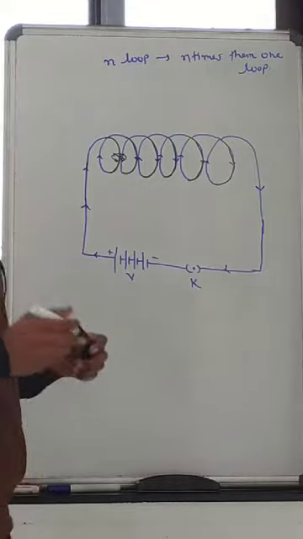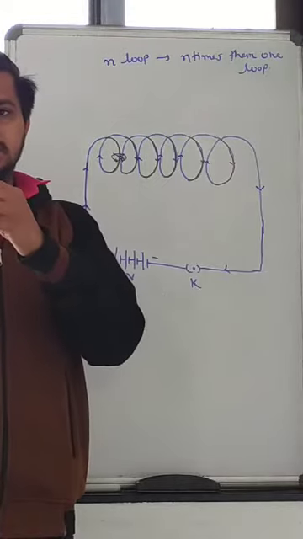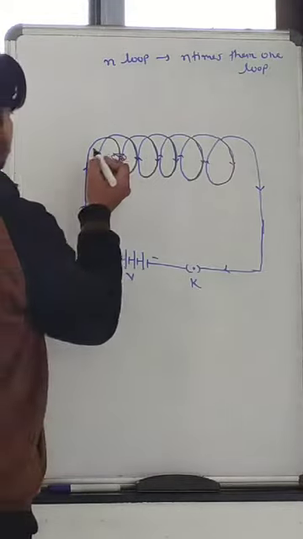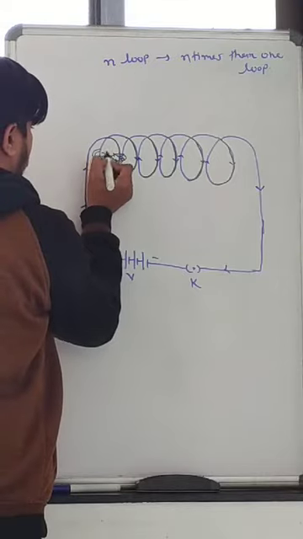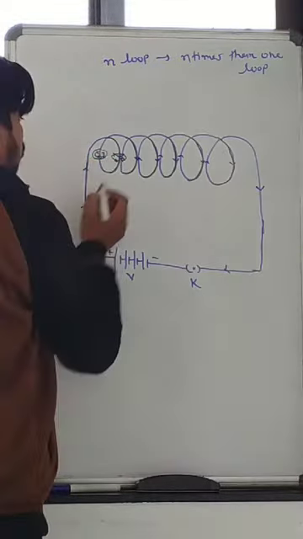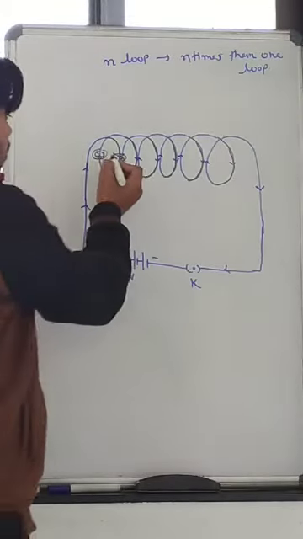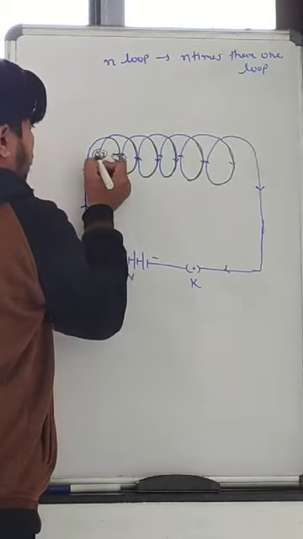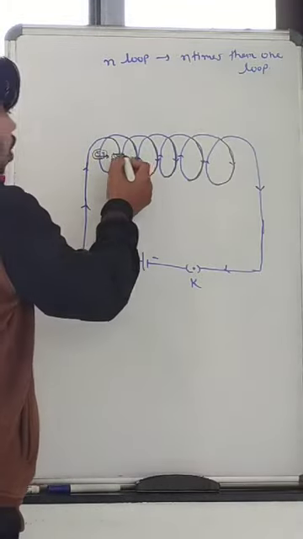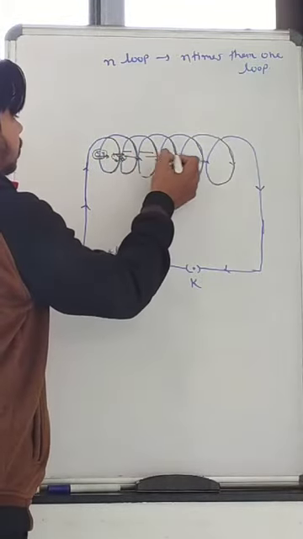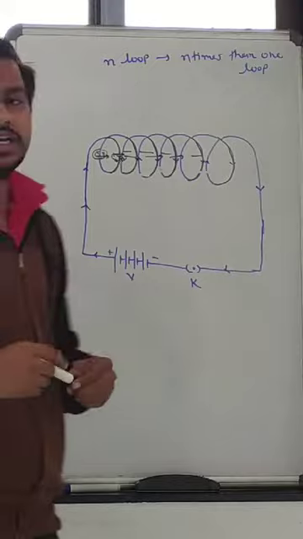If we think about it in an upward direction, it is like that. So it is in this direction. So inside of the loop, it is in one direction. Inside, it is in this direction. Inside, it is in this direction. All loops have the same thing. The direction of magnetism is the same.